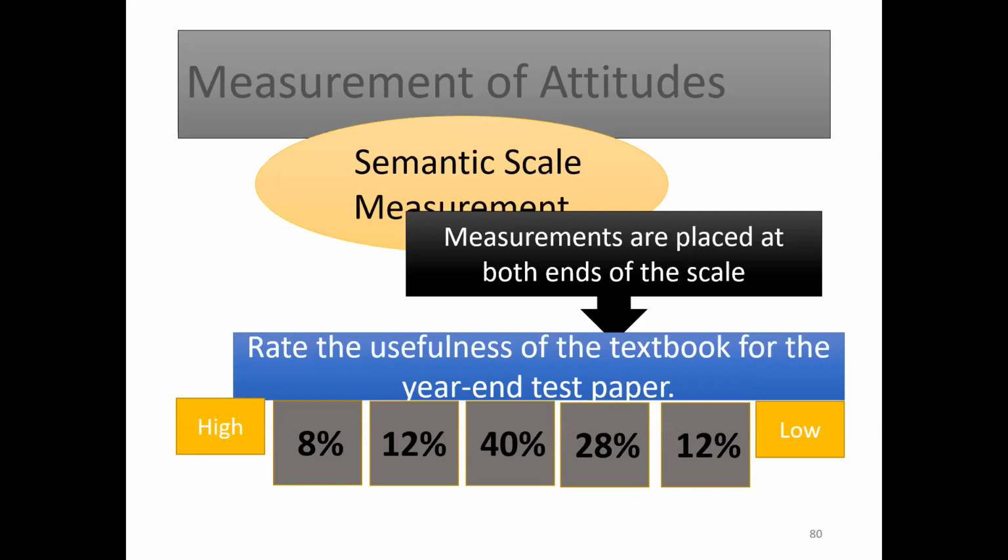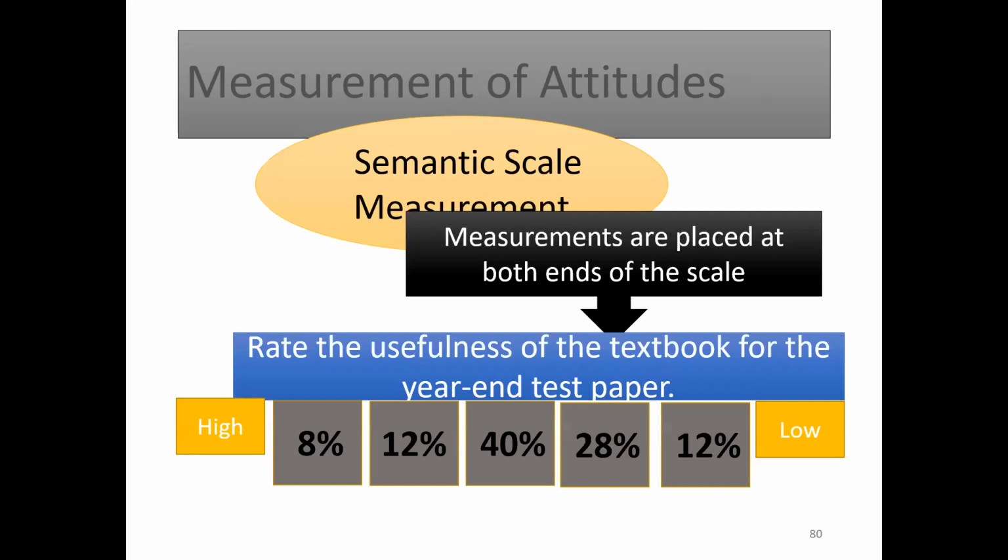So we can assume that the textbook is not useful. We can make interpretations, we can measure the attitudes of the teachers towards the textbook. One technique is the semantic scale measurement.